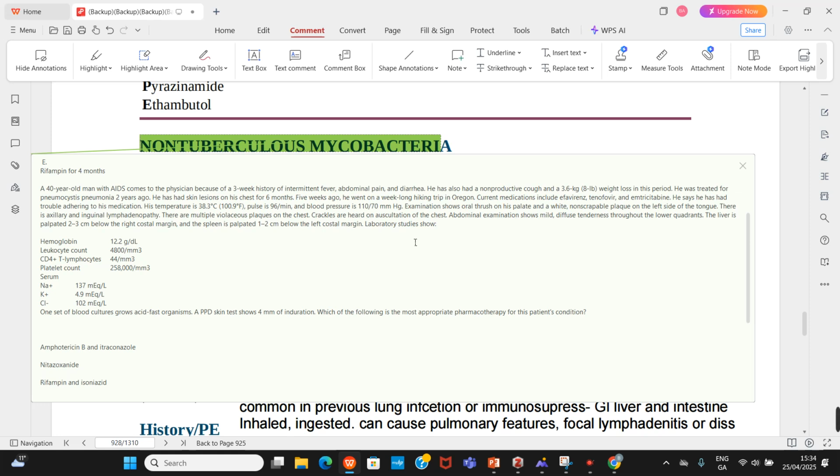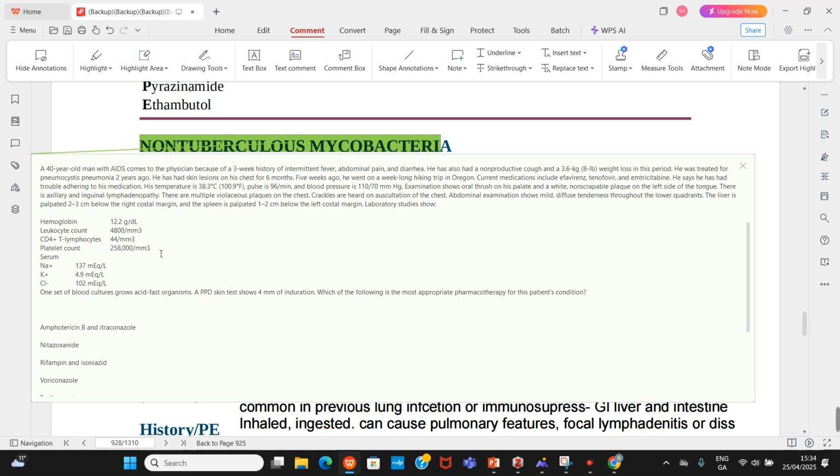The liver is palpated and is enlarged, 2 to 3 cm below the right costal margin, and the spleen is palpated 1 to 2 cm below the left costal margin. Labs are as shown below. One set of blood culture shows acid-fast organism. A PPD skin test shows 4 millimeters of induration. Which of the following is the most appropriate therapy for this patient's condition?